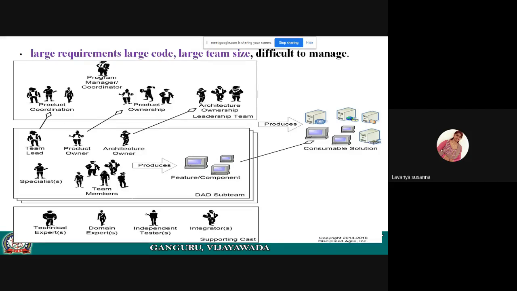There may be a lot of people: team members, technical experts, domain experts, independent testers, architectural or ownership leadership team, program manager, and program coordination team. There will be many teams. There must be good coordination between them. Here the complexity arises. Okay.